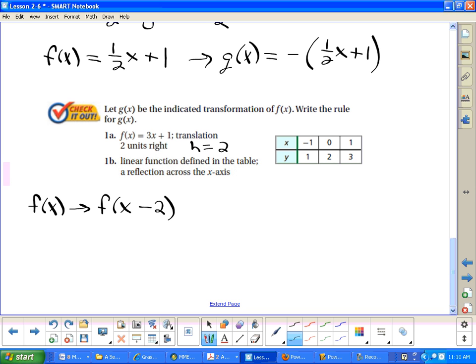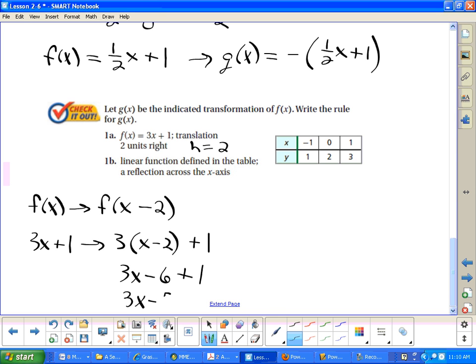So I'm just going to replace x with x minus 2. So instead of having 3x plus 1, I then have 3 times x minus 2, plus 1. We replaced the x with x minus 2. So this is 3x minus 6 plus 1, or 3x minus 5 would be our g of x.